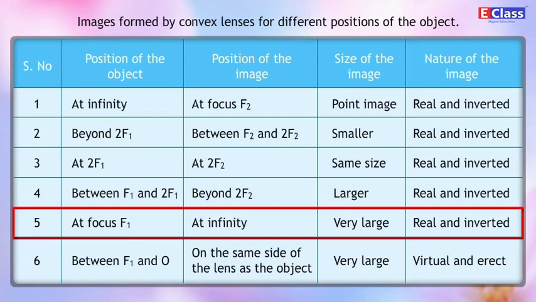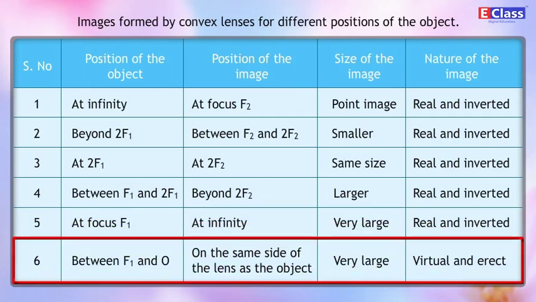Position of the object at focus F1, position of the image at infinity, size of the image very large, nature of the image real and inverted. 6. Position of the object between F1 and O, position of the image on the same side of the lens as the object, size of the image very large, nature of the image virtual and erect.